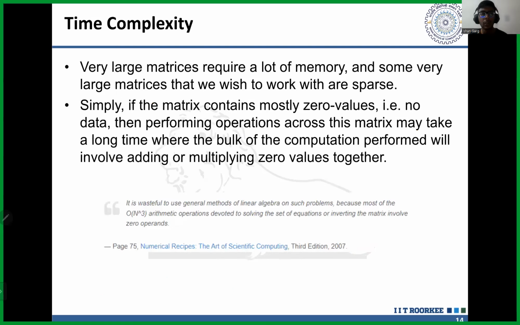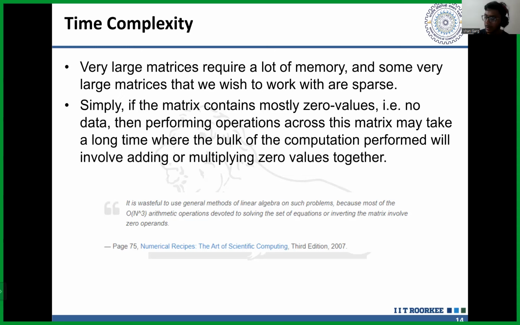Now, time complexity. Very large matrices require a lot of memory, like we have already stated, and we need to work on them. So if the matrix contains mostly zero values, then performing operations across this matrix may take a long time, where the bulk of the computation performed will only involve adding or multiplying zero values together.